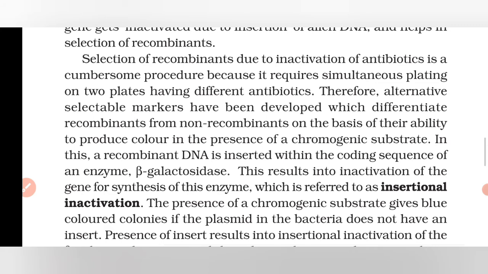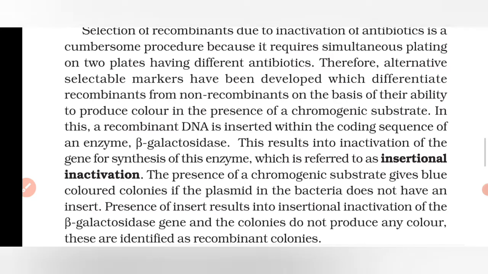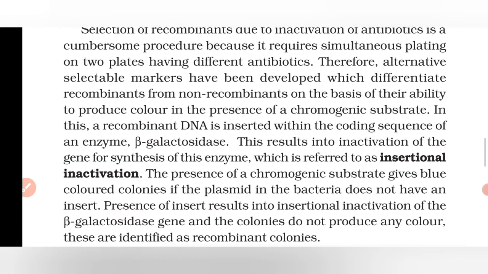In this, a recombinant DNA is inserted within the coding sequence of the enzyme beta-galactosidase. There is an enzyme called beta-galactosidase which codes for blue color. So when the DNA is inserted within the coding sequence of the enzyme, it becomes inactive, resulting in inactivation of the gene for synthesizing this enzyme, which is referred to as insertional inactivation.